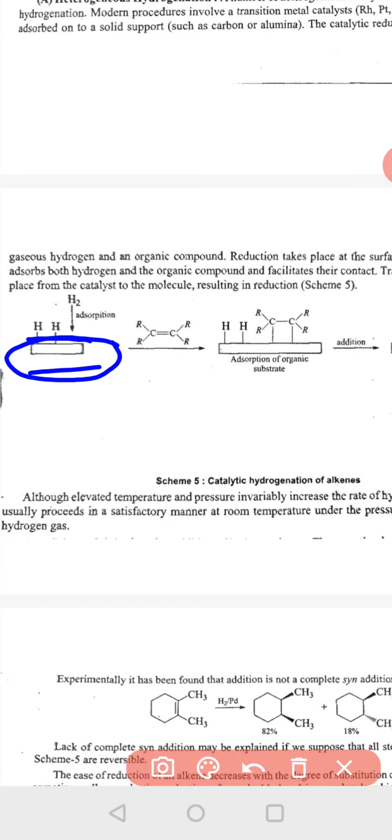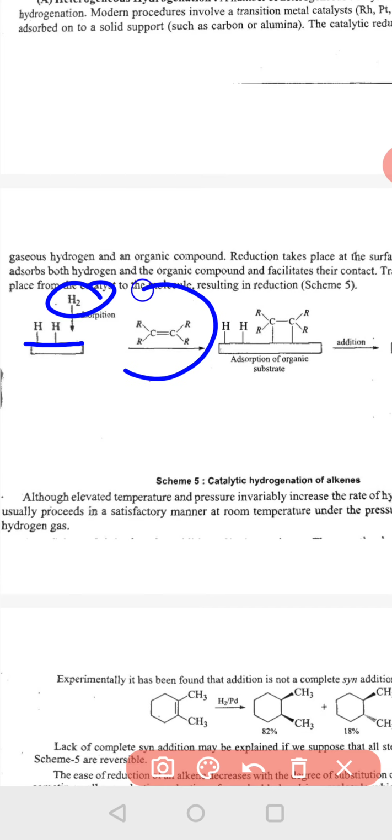The hydrogen gas is adsorbed to this catalyst. We can see this is the hydrogen gas and this is adsorbed on the catalyst surface. Then we pass the alkene, the organic compound, through this catalyst.